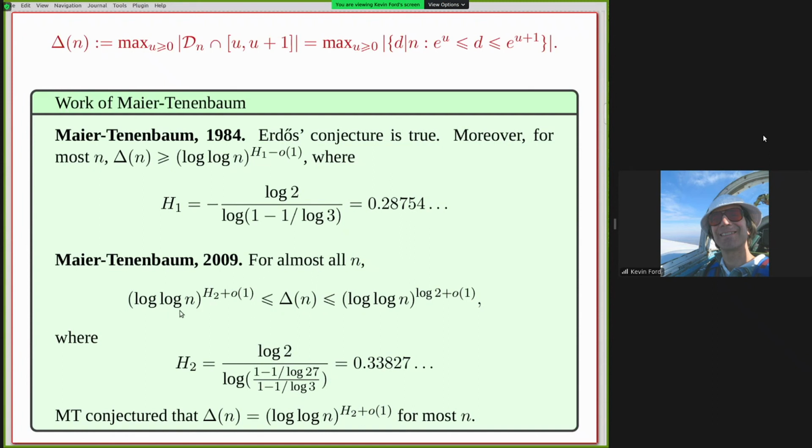A little bit better lower bound and also a corresponding upper bound, which is a power of log. The exponent here is log 2, which is about 0.7. So there's still a gap between the upper and lower bounds. Moreover, for various reasons related to the procedure that they developed, Maier and Tenenbaum conjectured that the lower bound was, in fact, the truth.